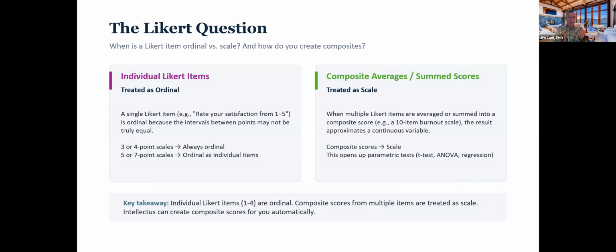I got question 1 correct, I got it incorrect. But once I say, how many did you get out of those 10 questions? I got 8 correct. That is clearly a scale variable. So just know that once you start that process of composite averages, we're treating those as scale.